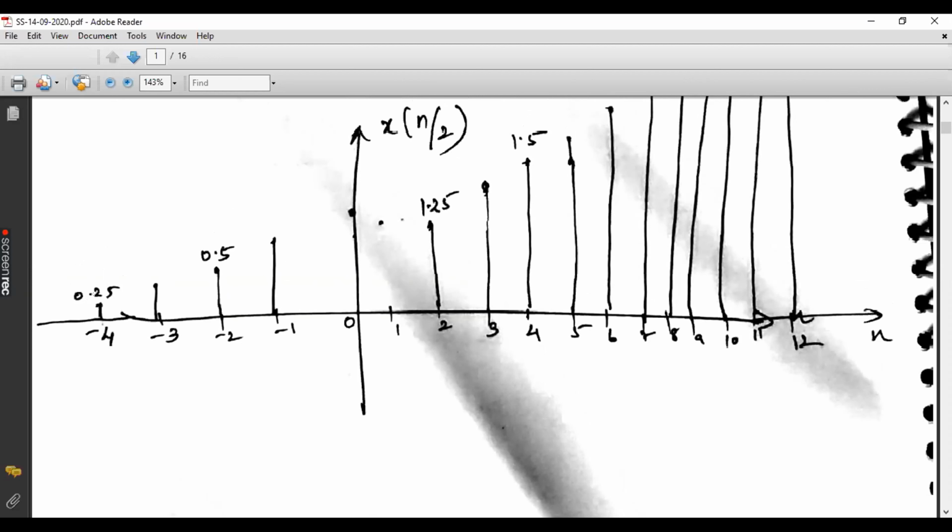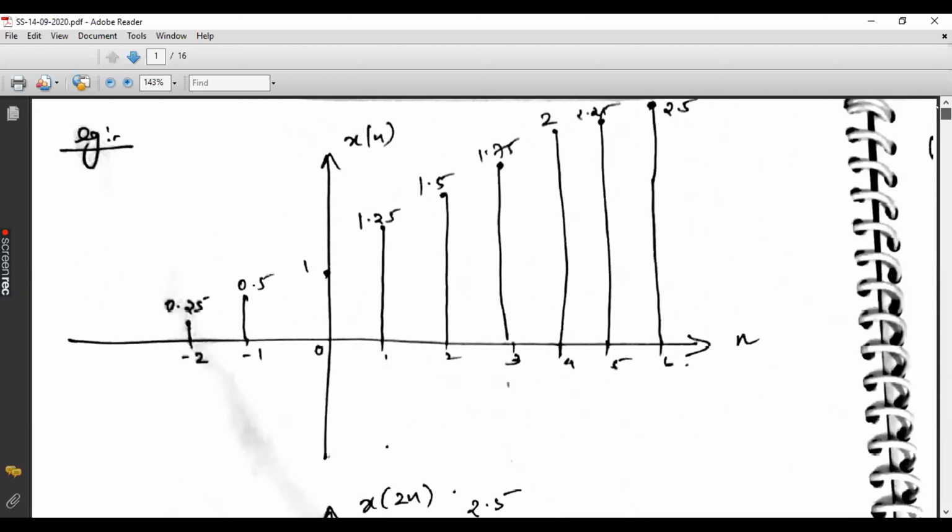So totally 13 samples you need to showcase from -4 to 12. I repeat, whatever you have at 2, you are showing at 4. Whatever you have at 1, you are showing at 2. So in between 2 and 4, you will have a signal at 3, right? That you need to show somehow in between.